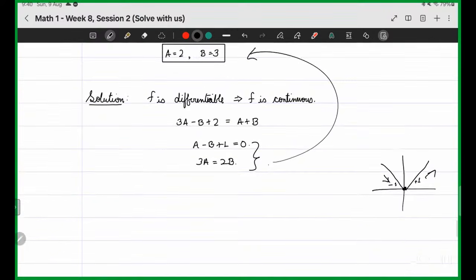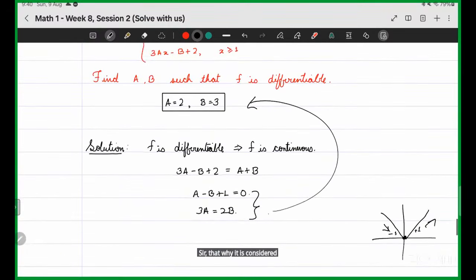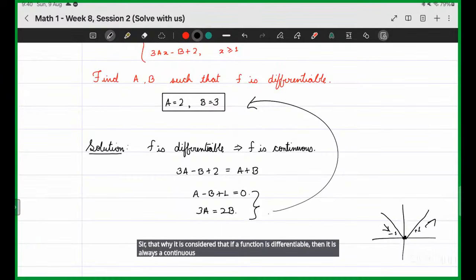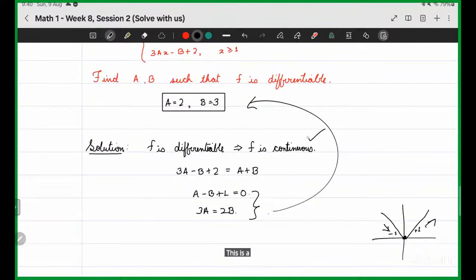Sir, why is it considered that if a function is differentiable, then it is always continuous? This is a result. You can prove it using the sequential definition itself. Sir, by first principle, we can prove it.